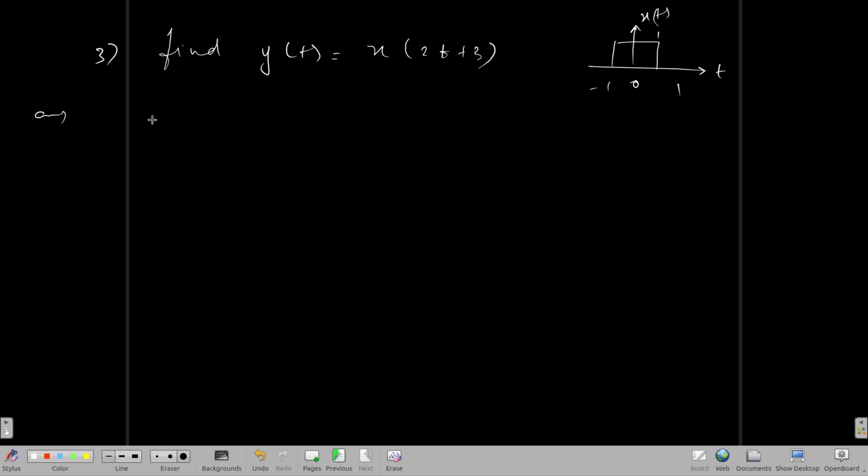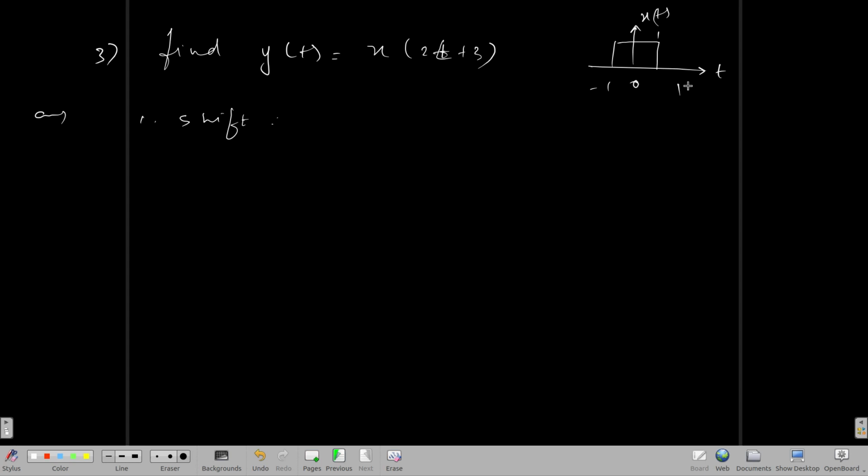Okay. So what was our procedure for finding a signal when it has to be both shifted and scaled? The first step was shifting, right? First we had to shift. So here the shift is plus 3. Plus 3 means it is shifted to the left by 3 units, the whole signal. Shifted to the left means you have to subtract that value.